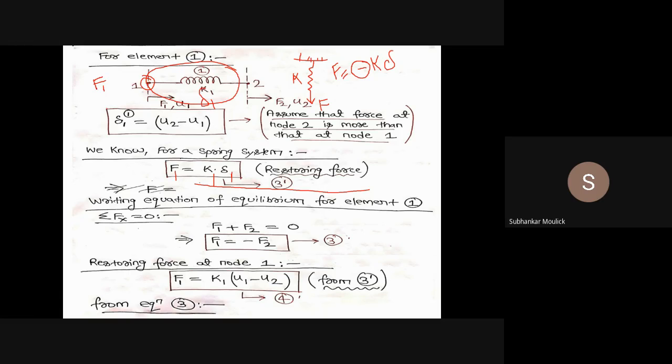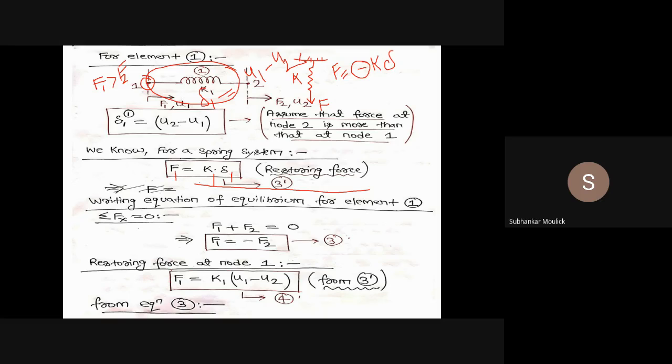That means I am interested only in nodal point 1. If F1 is greater than F2, definitely nodal point 2 will be in compression and nodal point 1 will be in tension. Then I can write delta as U1 minus U2. If F2 is greater than F1, then I can write U2 minus U1. And if F1 is greater than F2, then I can write U1 minus U2.